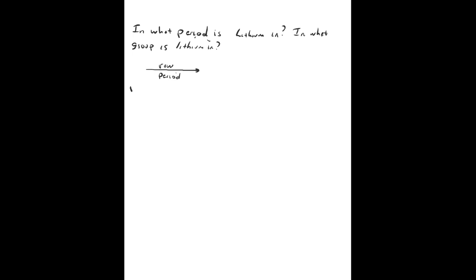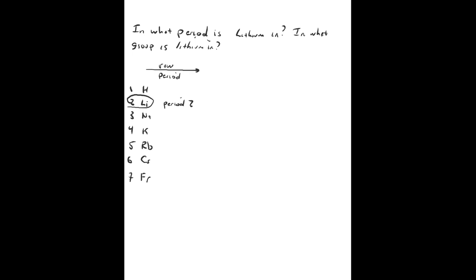It just goes 1, 2, 3, 4, 5, 6, 7. So hydrogen, lithium, sodium, potassium, rubidium, cesium, and francium, right? Okay, so lithium is in the second row, so that would mean it's in period 2.